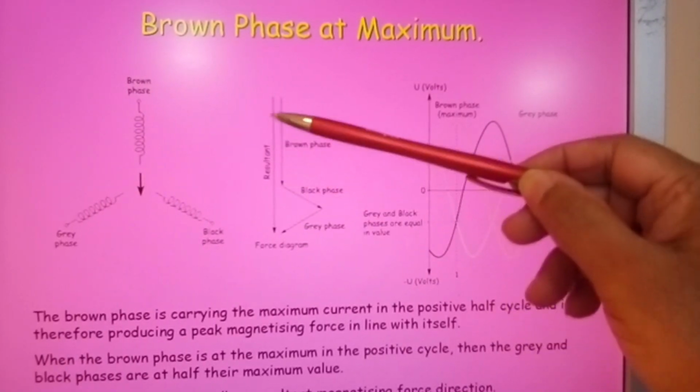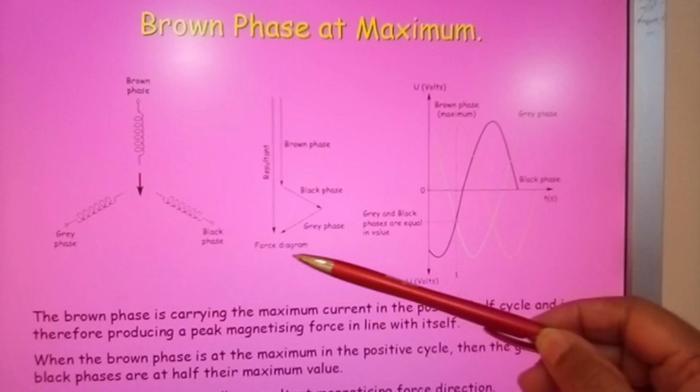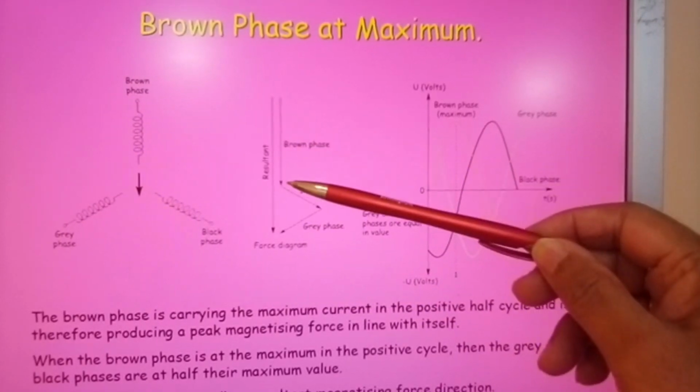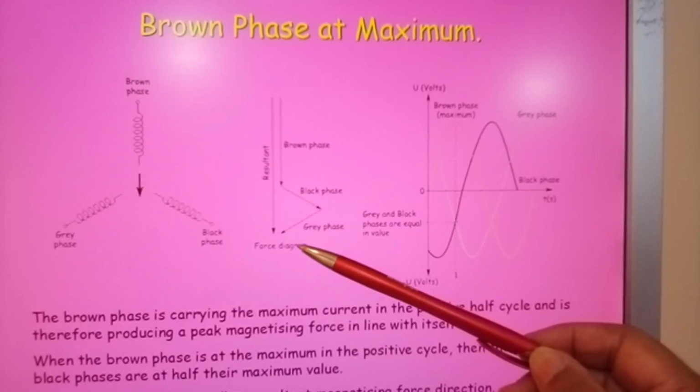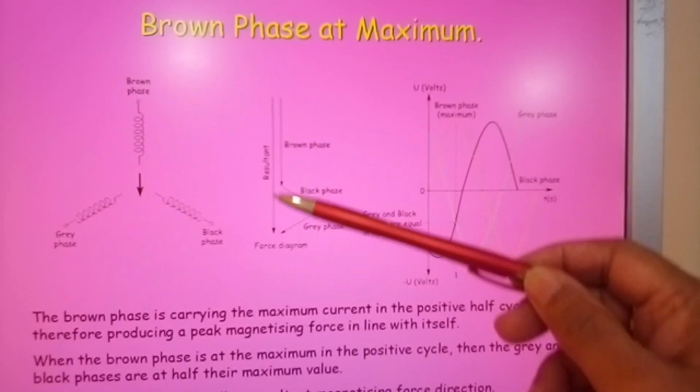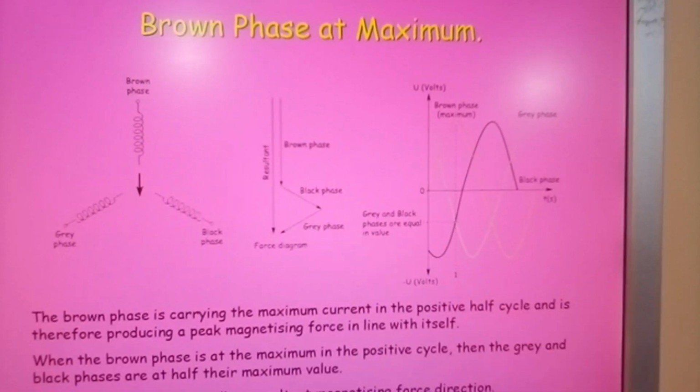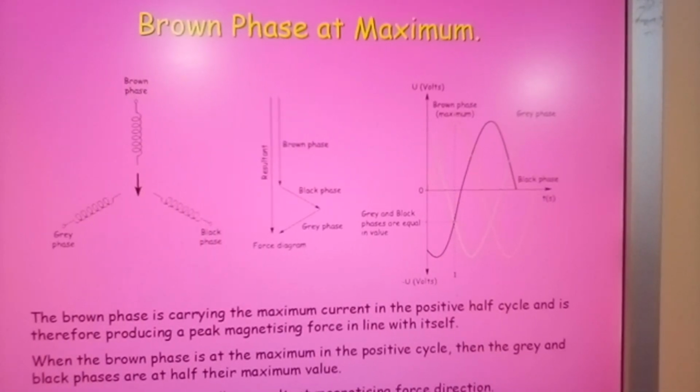So here we're looking at your resultant force in respect of your brown phase, your black phase, and your grey phase. So you have a force between these coils in regards to the magnetic field which has been set up.